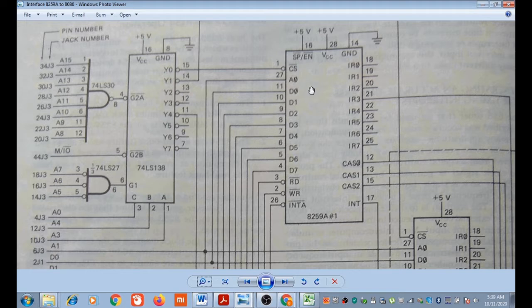For that, we should check from where this chip select signal is coming. You can see it is coming from the Y0 output of this decoder. 74LS138 is a 3 to 8 decoder. So the chip select signal of 8259A is coming from Y0 in this circuit.